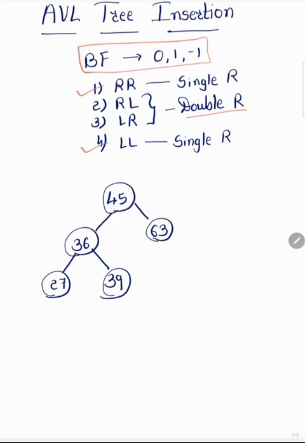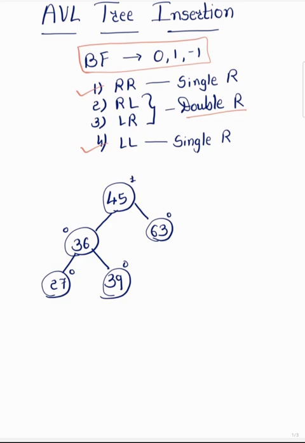Now if I check the balance factor, for 63 it's 0, for 39 it's 0, for 27 it's 0. For 36, again it's 0. For 45, it's 2 minus 1, that's a 1. So as of now it is balanced, so we can say it's my AVL tree.